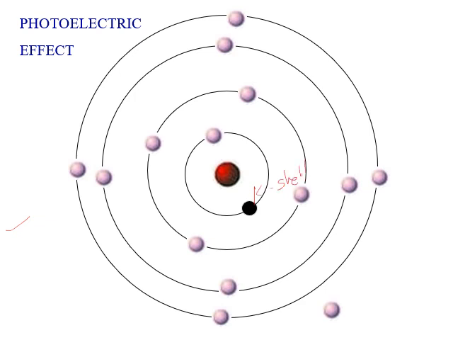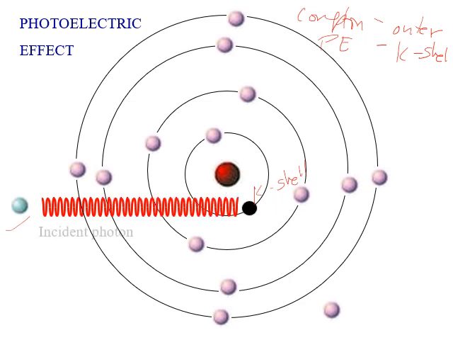So, kanina, sa Compton scattering, yung ionization occurs sa outer shell. Sa photoelectric effect, yung ionization occurs at the K shell. Okay?